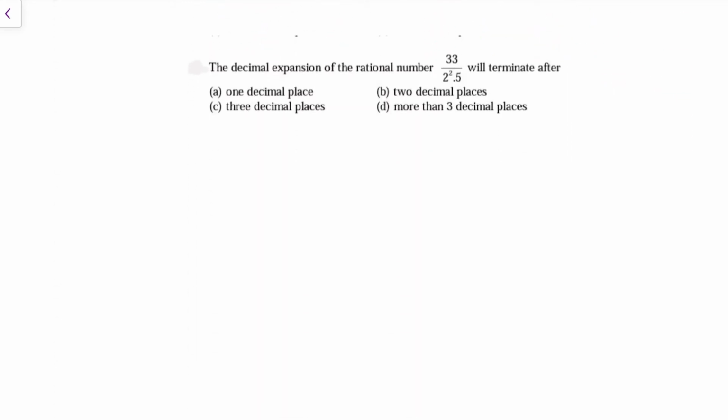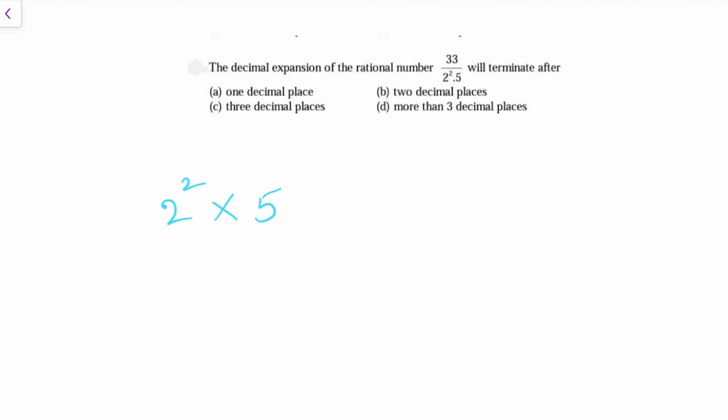Next, the decimal expansion of the rational number 33 divided by 2 square into 5 will terminate after. So as I said already in the previous questions, whenever he is asking about the decimal places, we don't have any work with the numerator. So simply we consider the denominator, that is 2 square into 5.